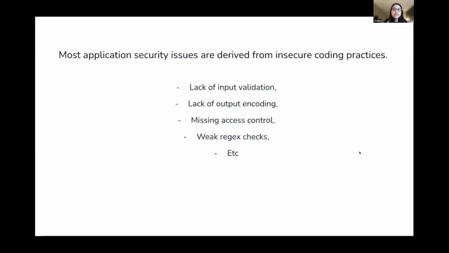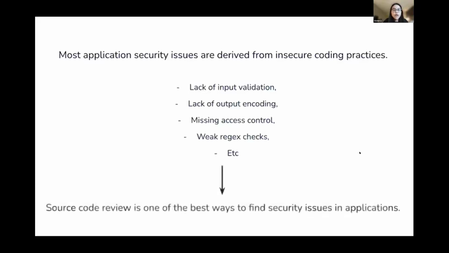So one of the easiest ways to find these security issues is by diving into source code instead of using dynamic testing tools or penetration testing teams. It's much easier to just look at source code and see if the signatures of any of these vulnerabilities are present. This is one of the easiest ways to find vulnerabilities.